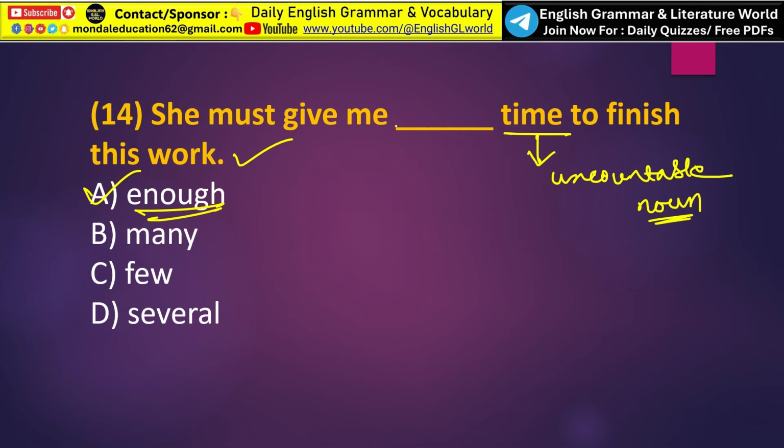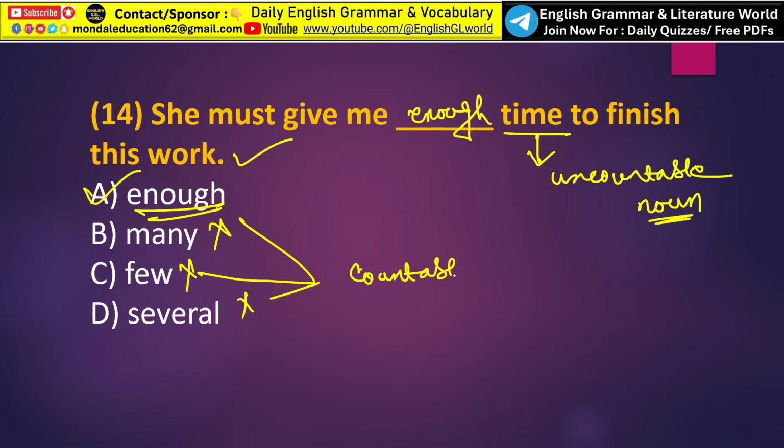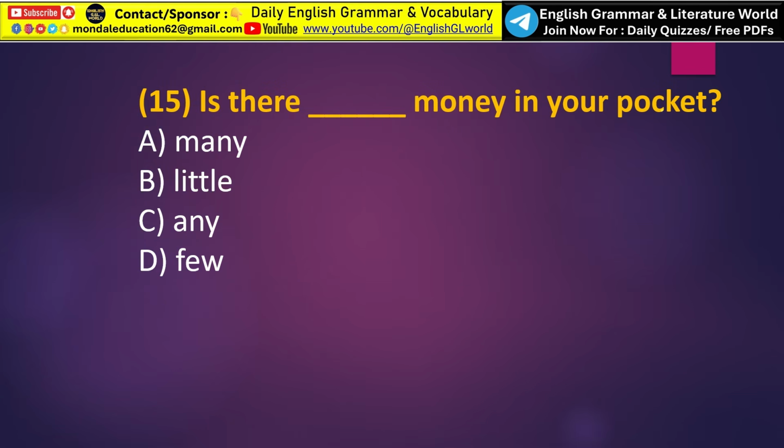So, she must give me enough time to finish this work. Here many, few and several are not the correct answer. Many, few and several are used before countable nouns.